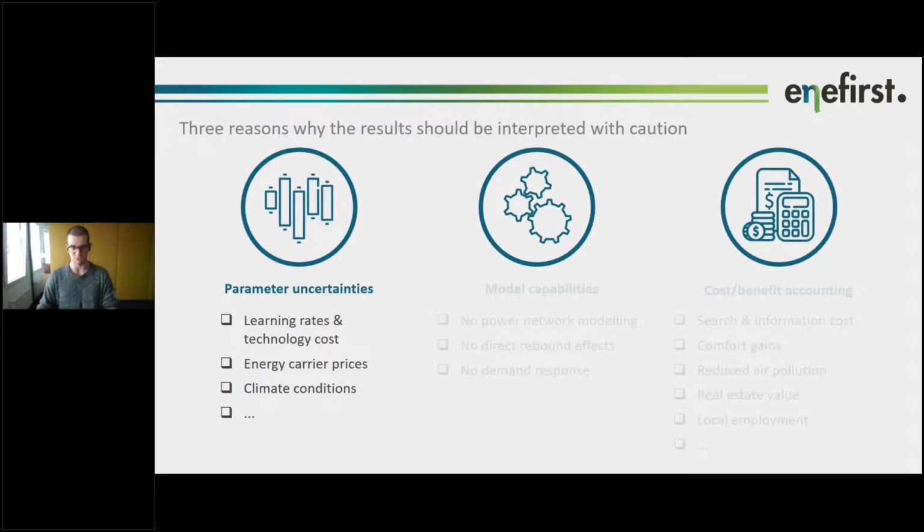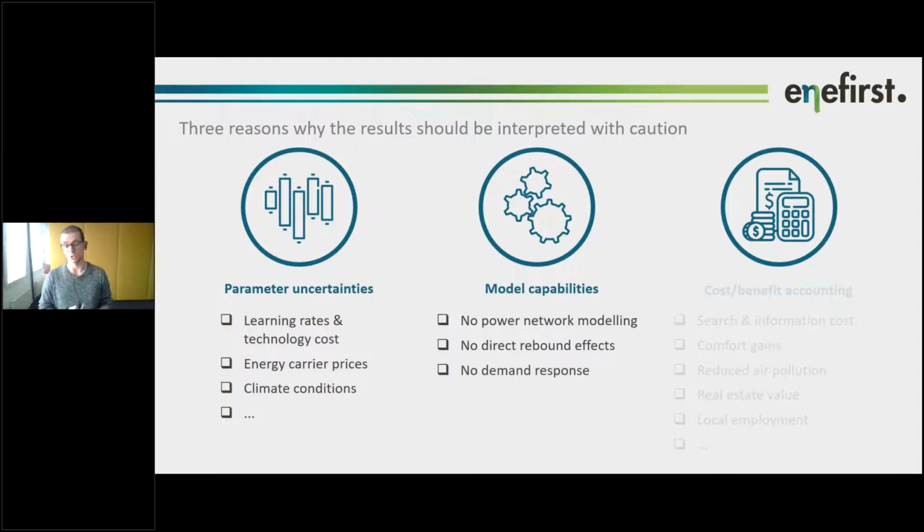That is quite straightforward. Second is, while the model in itself is very sophisticated, there are of course some features that it does not contain. Let's say we do not have dedicated modeling of the local power network, which, if that was included, could have some interesting implications for the cost of electricity supply.